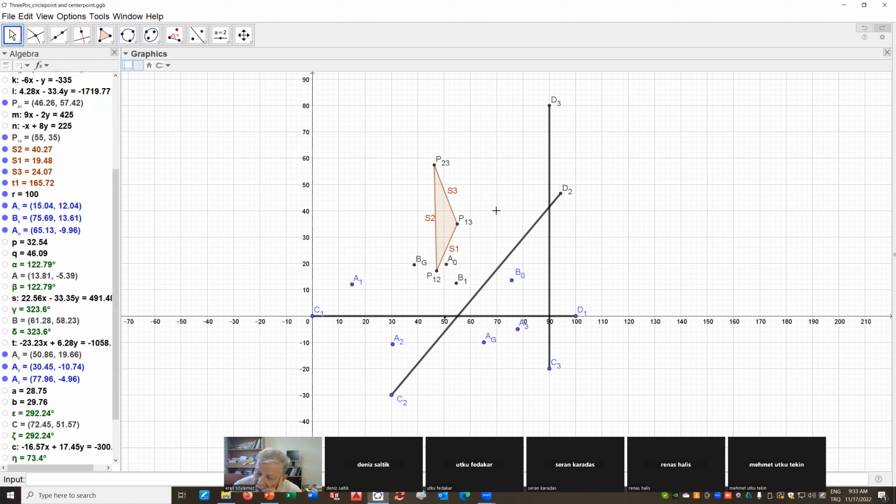I said I can determine B1 as a center point for B0 in the inverse motion. Let me do that. I will determine P231 by taking the image of P23 with respect to side 1.